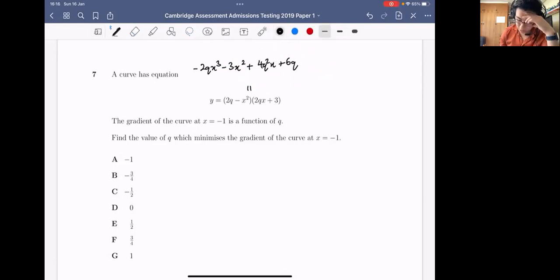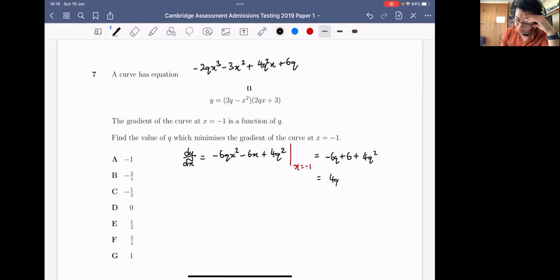The gradient of the curve at x equals -1. Okay, so dy dx is minus 6q x squared minus 6x plus 4q squared. And then when you evaluate this at -1, you get minus 6q plus 6 plus 4q squared.